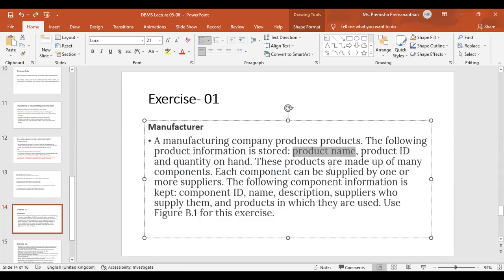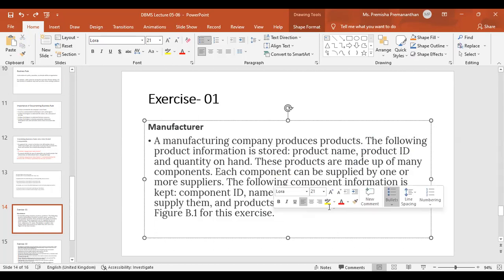These products are made up of many components. Second sentence. Each component can be supplied by one or more suppliers. Third business rule. The following component information is kept: component ID, name, description, suppliers who supply them, and products in which they are used.